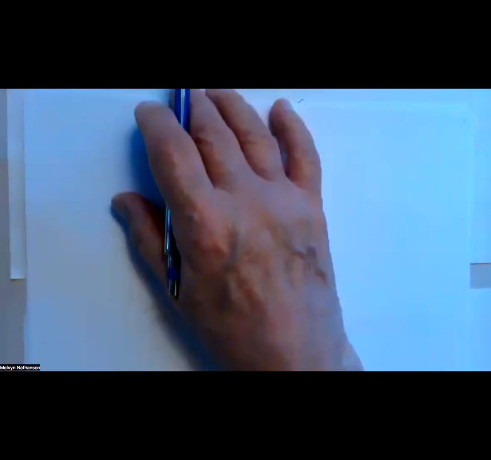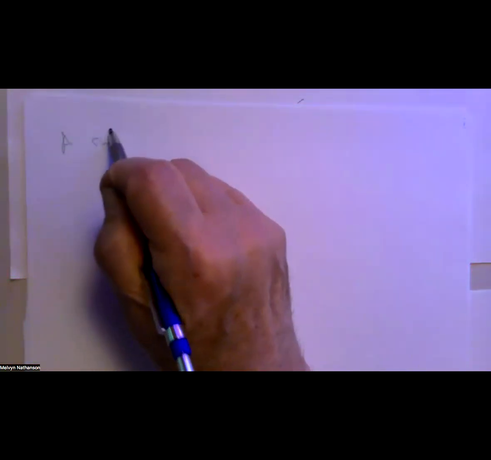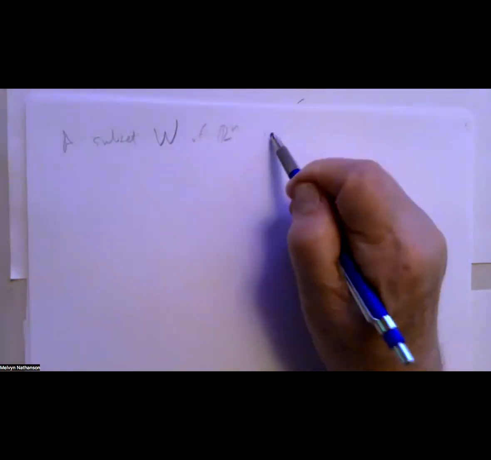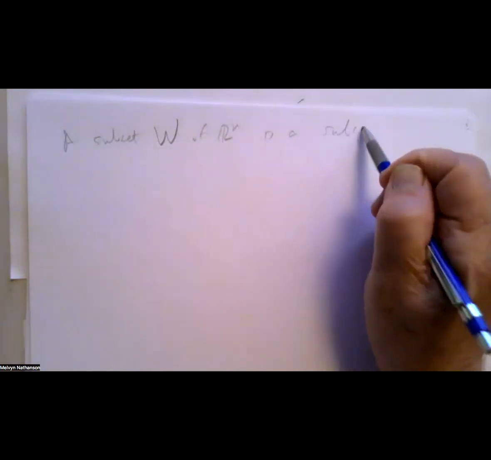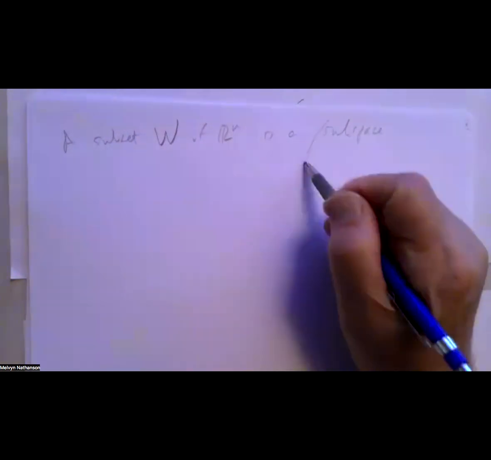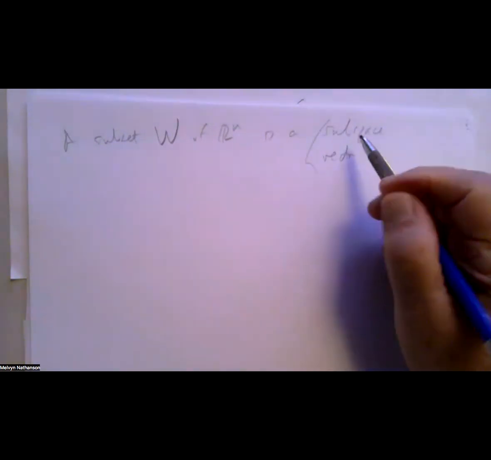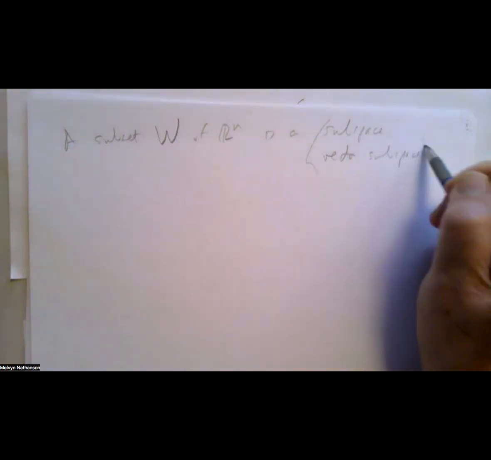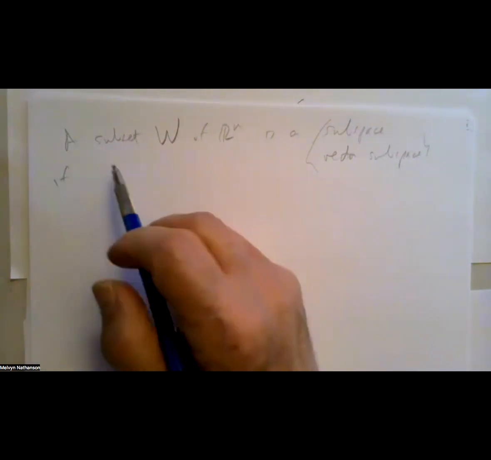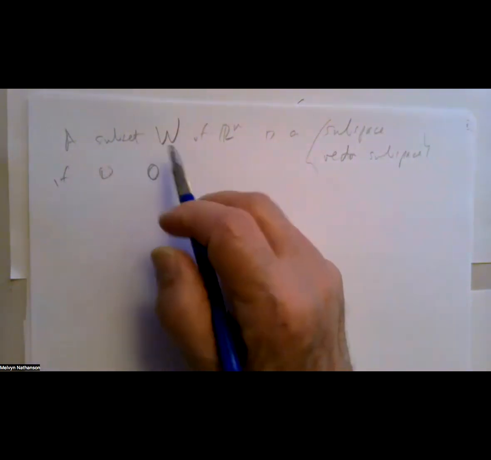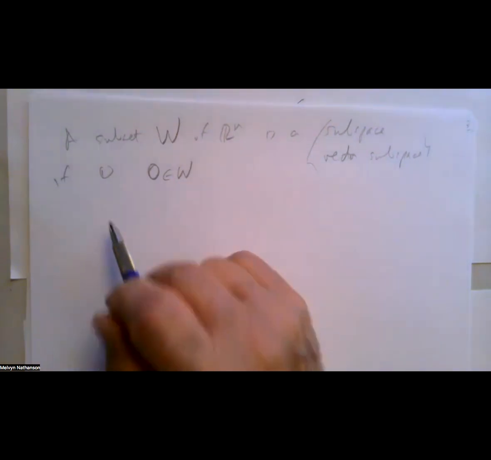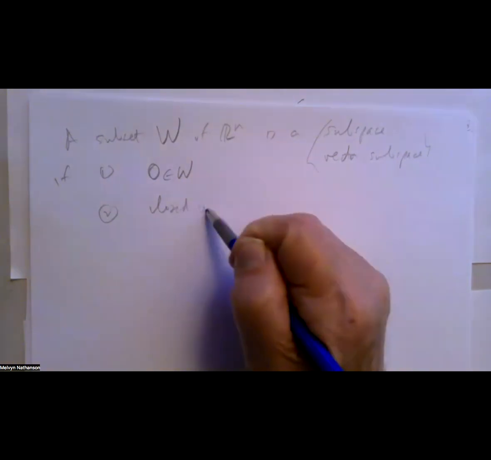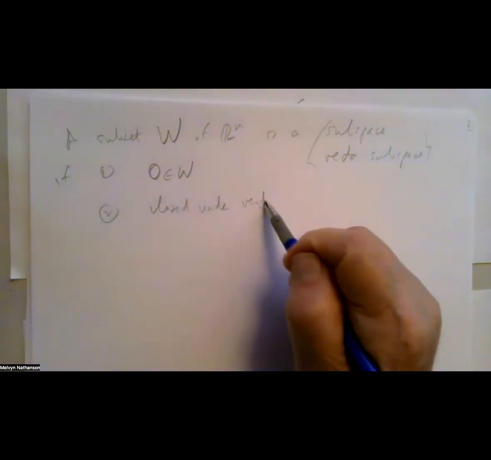And sitting inside Rn, a subset W of Rn is called a subspace, or sometimes, just to emphasize, a vector subspace, if it satisfies the following three properties. First, the zero vector is in W. Second, it's closed under vector addition.